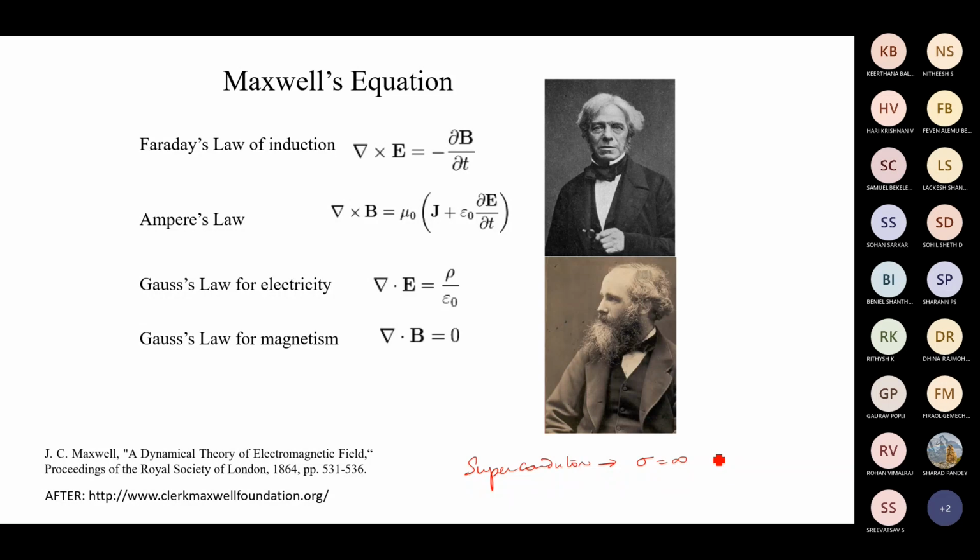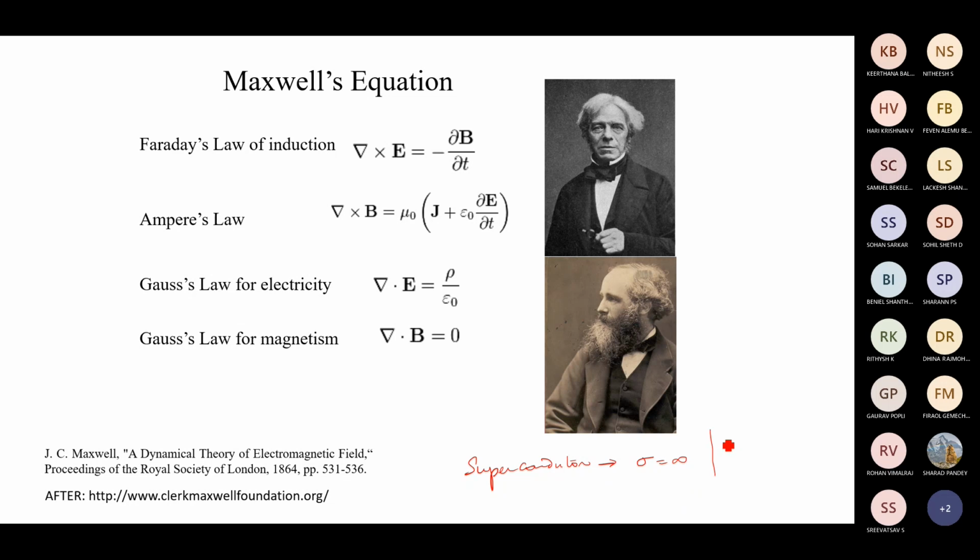The conductivity of copper is around 5 to 10 power 7 Siemens per meter, but that value is finite. We can bring a very high value by reducing the temperature very close to 0 Kelvin, like millikelvin.